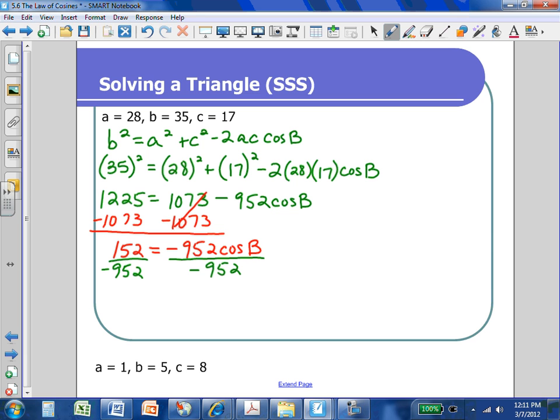And on the left-hand side, I'm going to leave that the way it is. But what we are going to do is move my cosine. So I'm just going to rewrite this so you see it beforehand. I have 152 over 952, and that's negative.